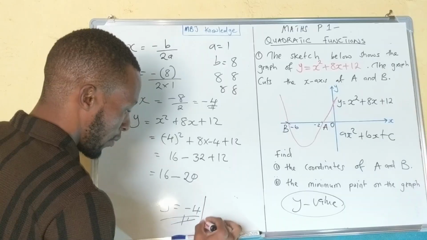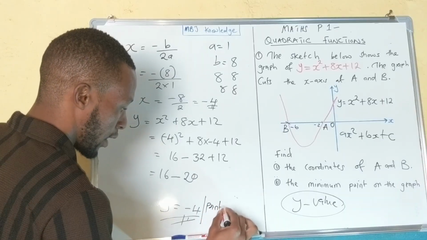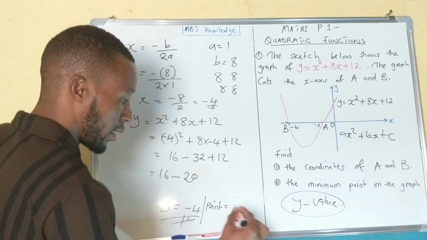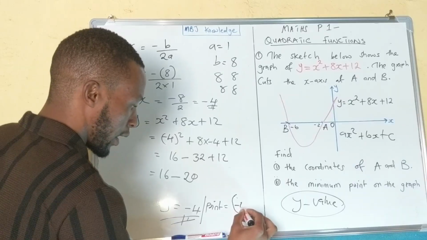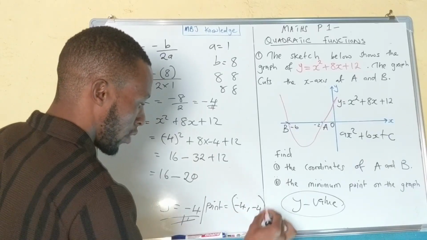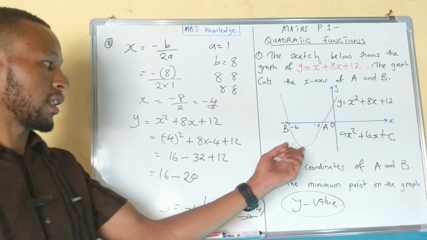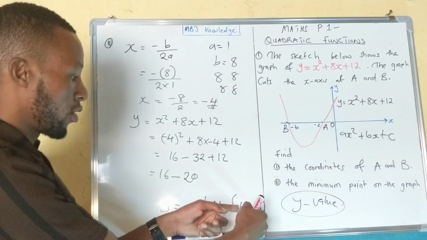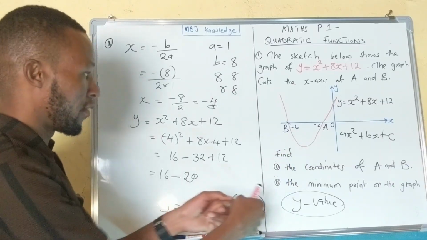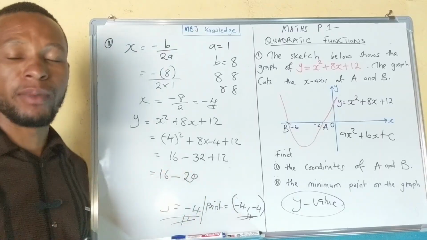The point will be written with coordinates: negative 4, comma negative 4. This is the minimum point on the graph right there. So these are the coordinates, the value for x and the value for y. So that is the minimum point.